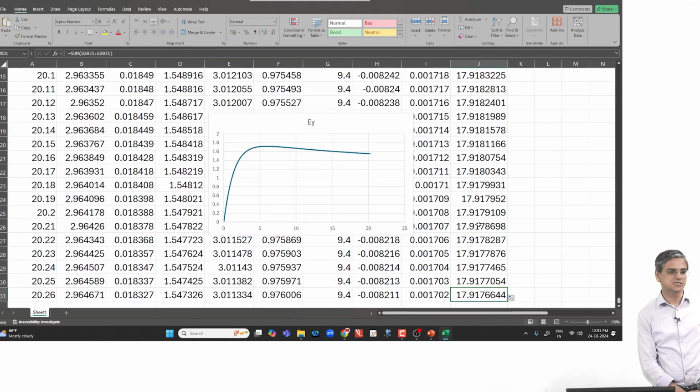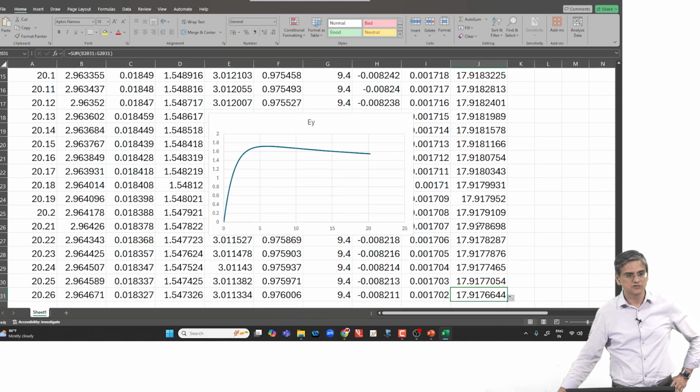Why does the pressure increase? More moles are formed compared to the moles that you started off with. So that's what we have for today.